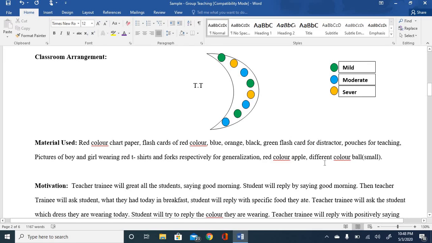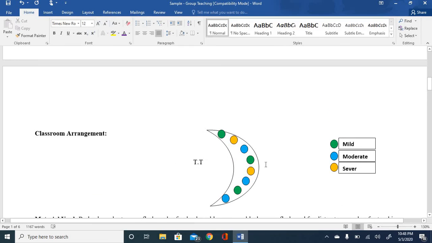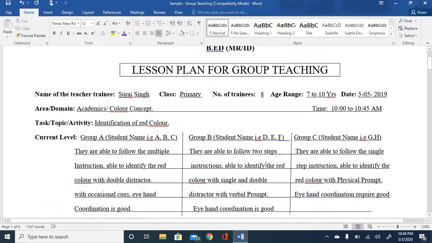What content you have chosen, and what you are using in that, laptop or computer, all these things you will be writing. Anyways, I will be telling you that separately. So for now, this is group teaching.